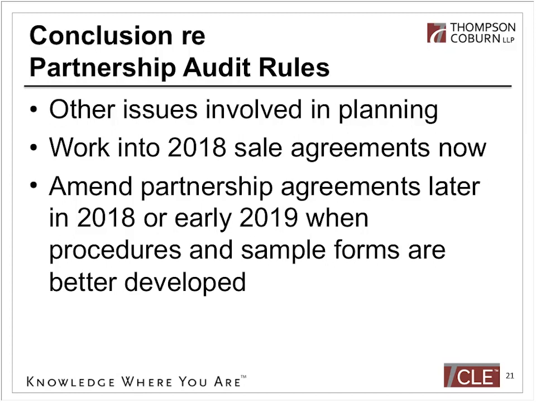Now, if there's a sale going on right now, a 2018 sale, and the partnership representative can have some influence on the results of that sale, then you might want to have a provision in there. Like, for example, if you know that the partnership was not going to be able to elect out, and the partnership didn't want to ever do the push-out election because it doesn't want to impact everybody's returns, all these multiple returns, it was just going to pay the tax anyway.